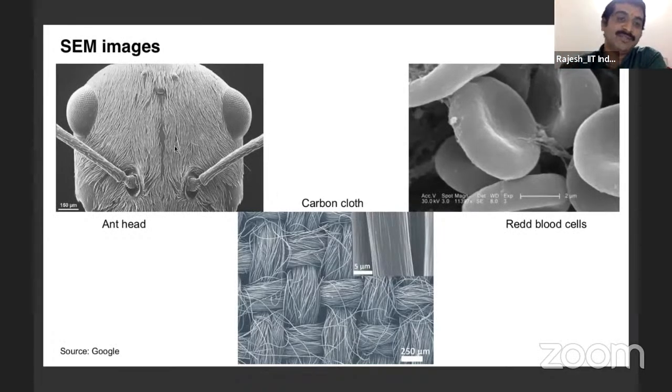Let us see that we can appreciate through these images. ये चींटी का सिर है, लेफ्ट हैंड साइड में जो है ना, ये चींटी का सिर है. इलेक्ट्रॉन माइक्रोस्कोप में जब हम देखते हैं, आप लेंस से देखिए कितना दिखेगा, देखिए कितने बारीक बारीक फीचर आपको यहाँ पर दिख रहे हैं. ये उसकी आंखें हैं, ये चींटी का सूंड, और ये चींटी का सिर जो हमें ऐसा स्मूथ दिखता है, इसमें देखो कैसे लगता है जैसे इसमें बाल हैं. और ये जो नीचे बना हुआ है ये तो देखिए ये कार्बन क्लॉथ है, जो कपड़ा होता है ना अपना, एक रिसर्च में यूज होता है, कंडक्टिंग कार्बन लेते हैं, उस पर काफी कुछ कैपेसिटर वगैरह बनाते हैं, तो ये वो कार्बन क्लॉथ है.